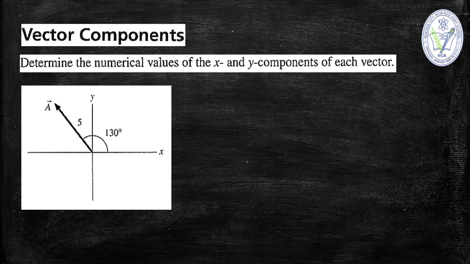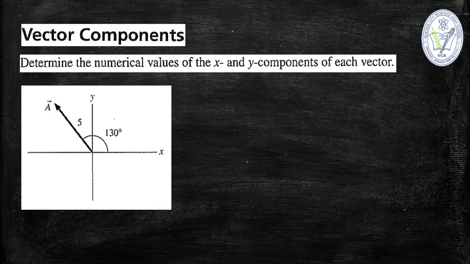So in this case, vector A has 5 units of magnitude, and it is directed 130 degrees with respect to the x-axis.